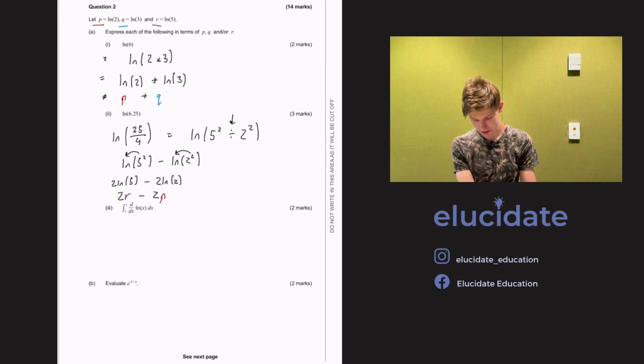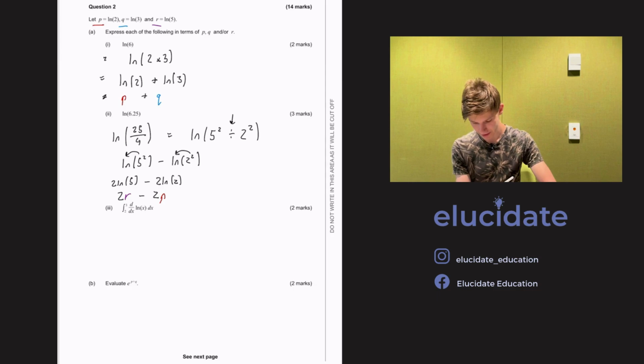All right, next question, we are asked to calculate the definite integral of this thing right here, the derivative of ln x. Now, we know from the fundamental theorem of calculus that when we have the derivative and we're integrating it, then these two things cancel each other out.